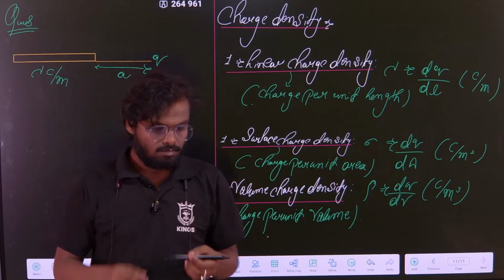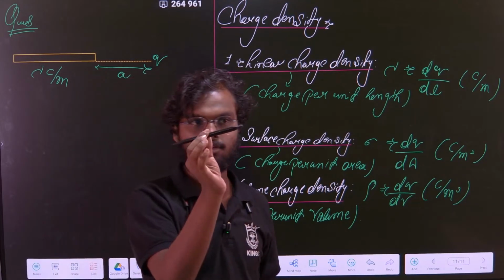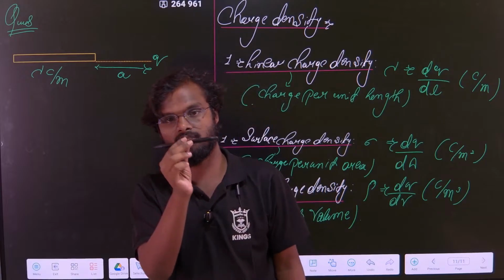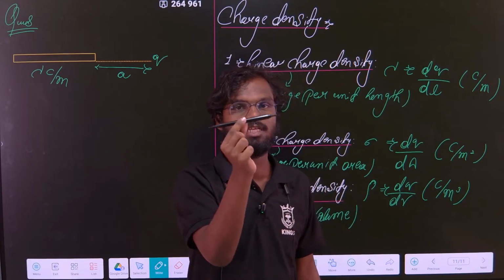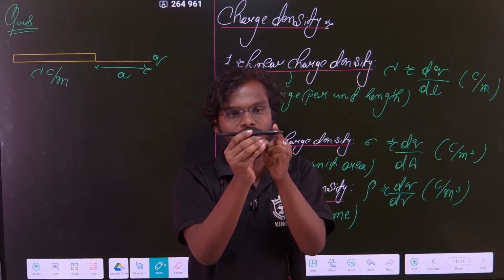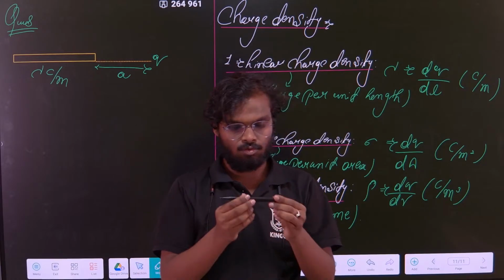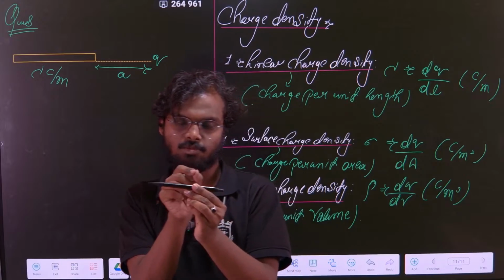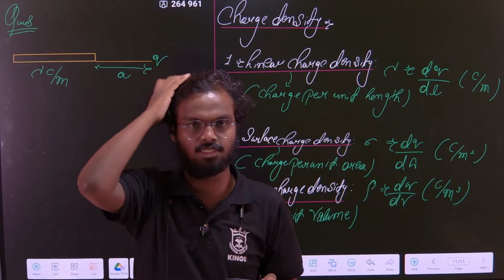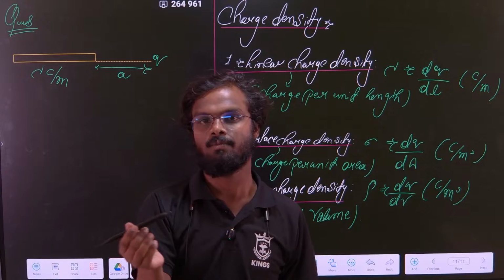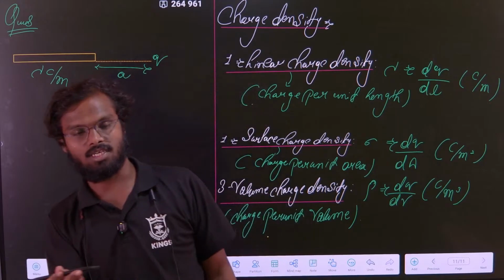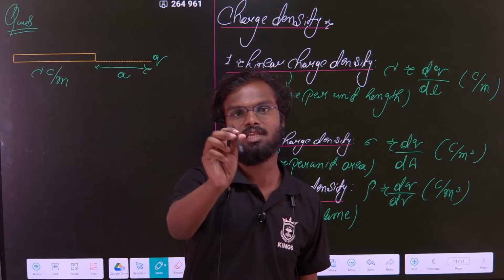See, don't be afraid of integration, just make things easy. Suppose this is my rod of length L, and I am breaking it into small lengths. Suppose there are two students. I give the rod to one student and ask her to calculate the length of this rod.